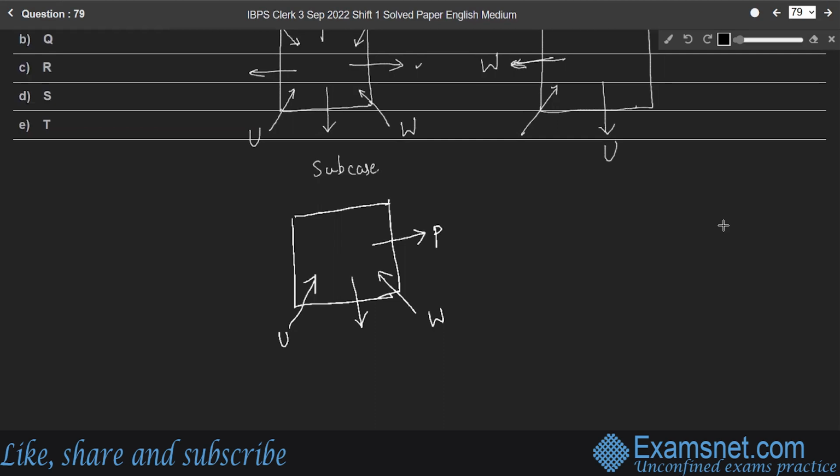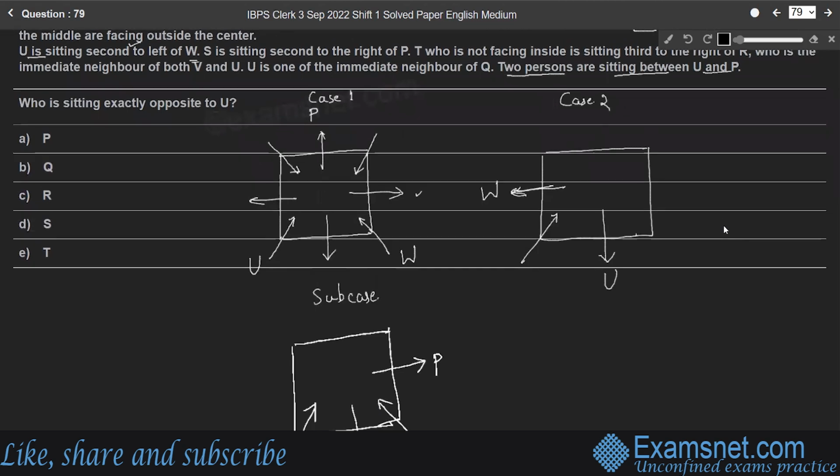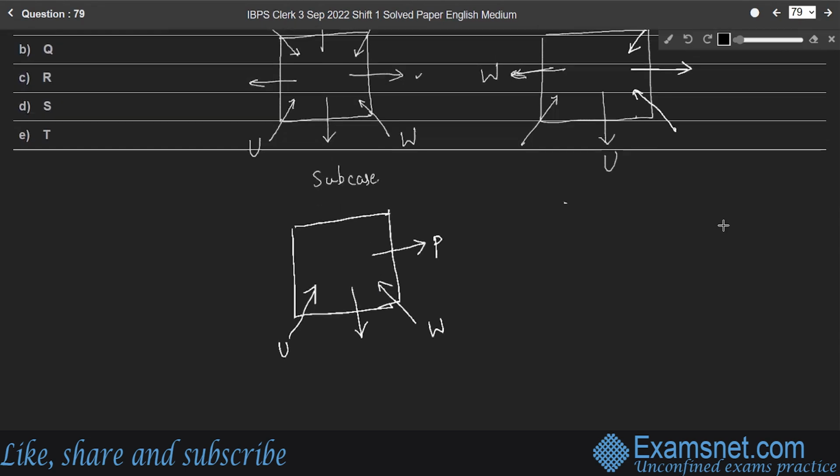Whereas in case 2, 2 persons are sitting between U and P. Therefore, either P has to sit here at the top right corner, or there is a subcase in case 2.